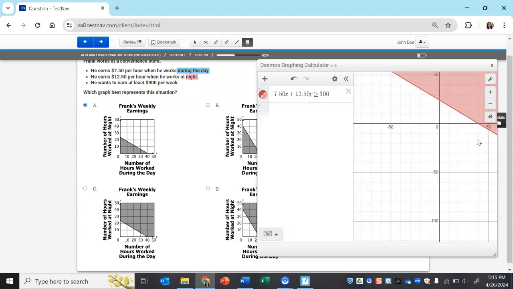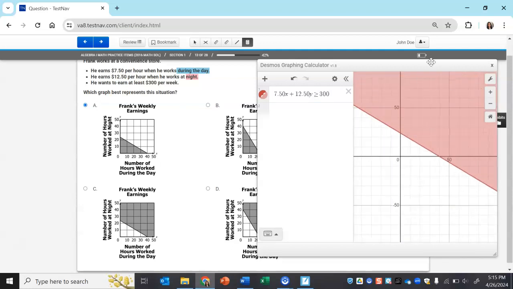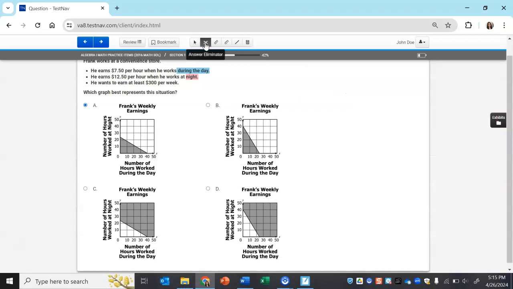So I'm going to zoom out here, and this is the graph I'm looking for. So I'm just going to look at the intercepts to see where it crosses. So it crosses at 24 and 40. This one is pretty clear, but again, it's being shaded above, so I cannot go with this one. I use my answer eliminator, and then I'm going to eliminate everything.